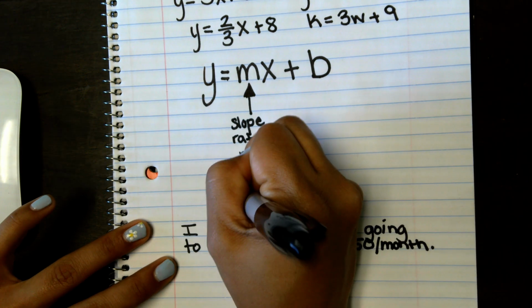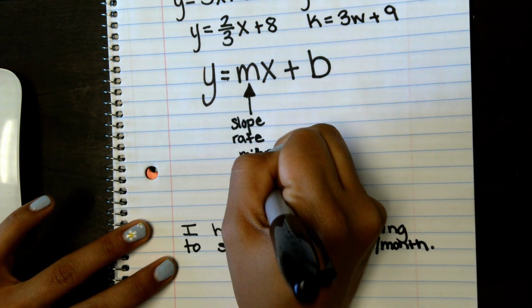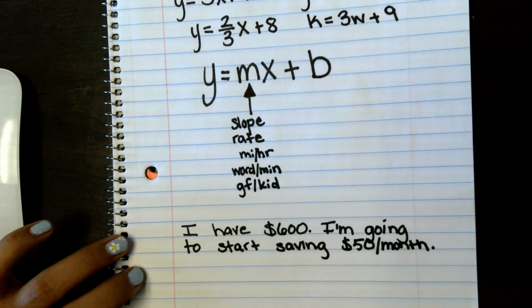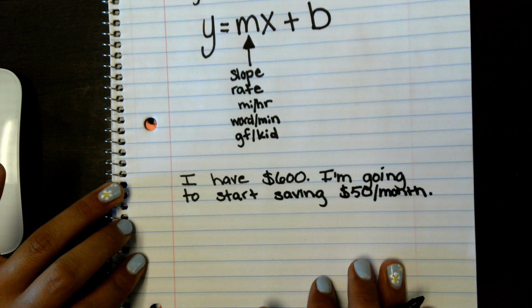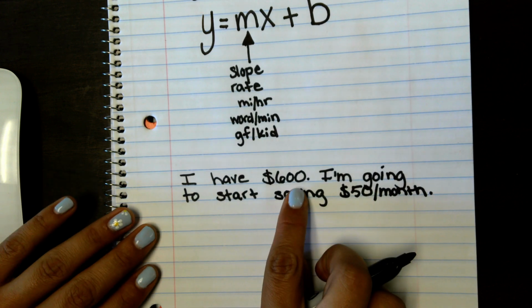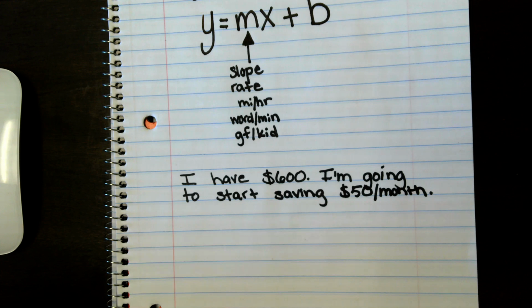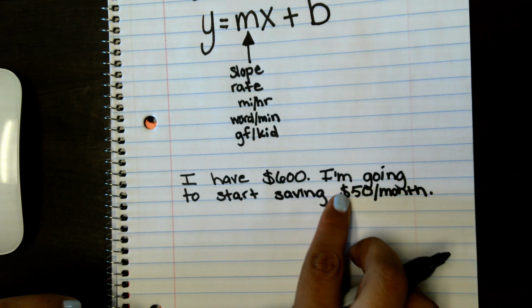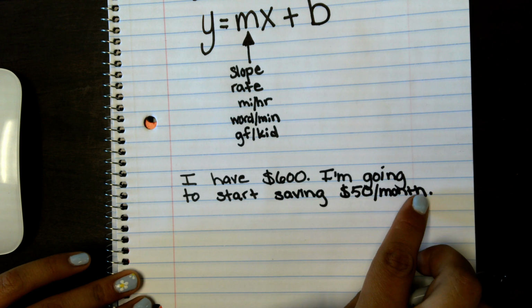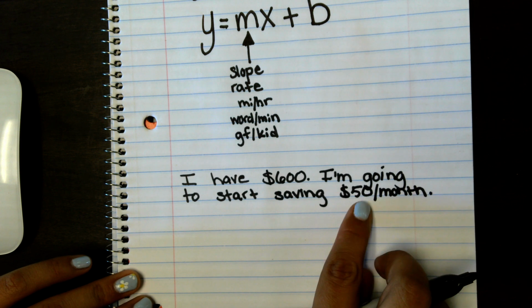Goldfish per kid, some type of rate, okay? So in the case of this situation, what would the rate be? Well, it would be the fact that you're saving $50 a month. So my rate would be 50.